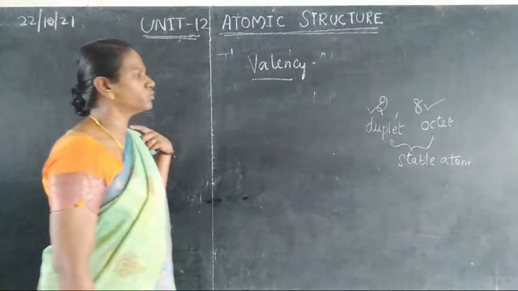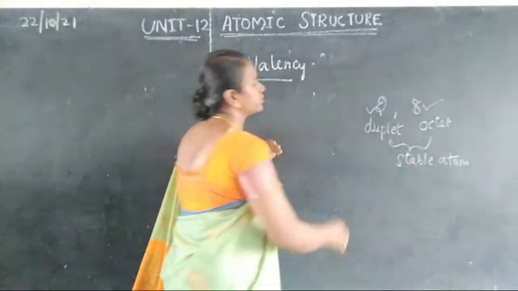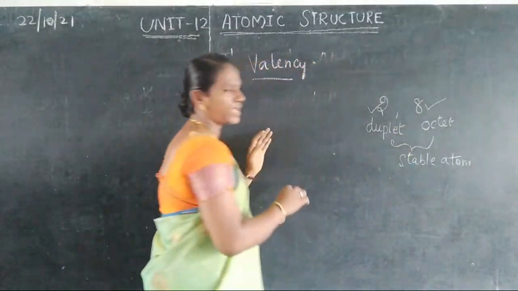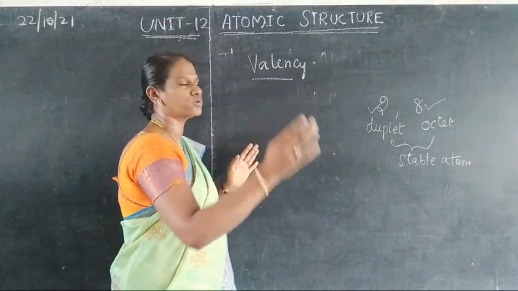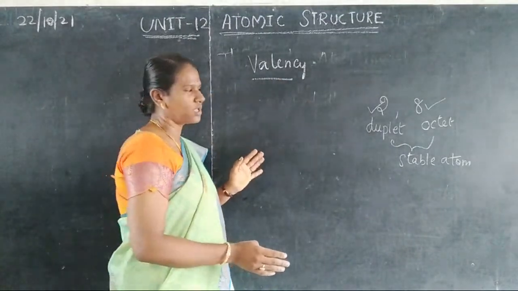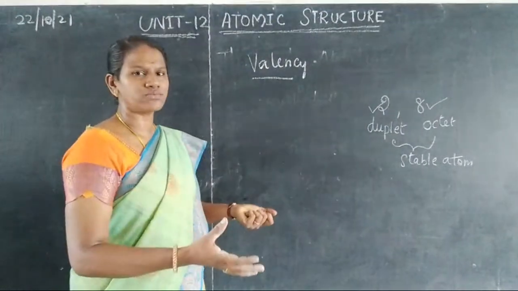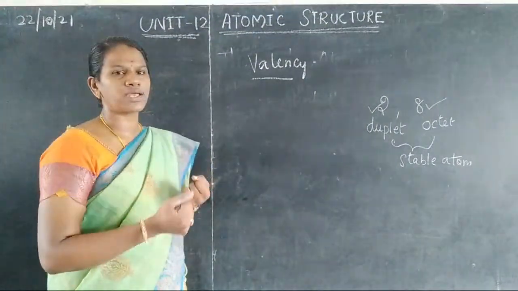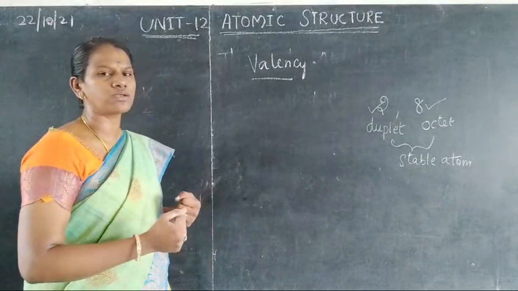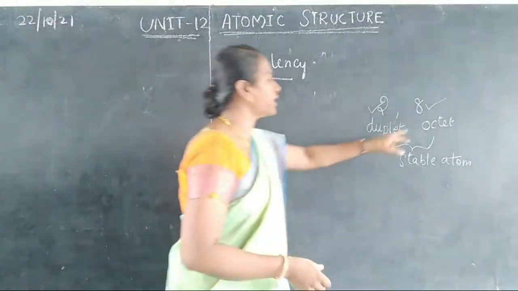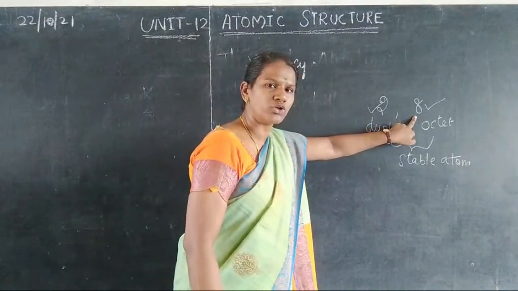The atoms which do not possess the 2 or 8 electron configuration in the outermost shell are called unstable atoms. So usually the atoms try to attain stability, the 8 electron configuration in their outermost shell.